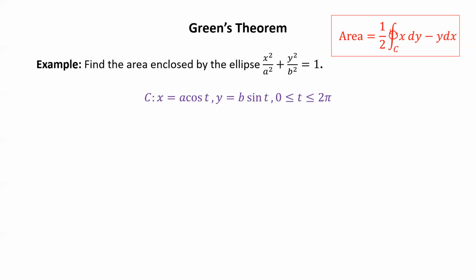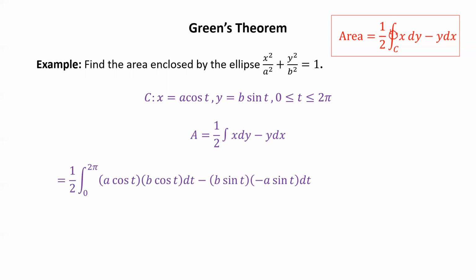Okay, we'll start by parametrizing the ellipse as x equals a cosine t, y equals b sine t. t goes from 0 to 2 pi. So according to our area formula, we have 1/2 the line integral over C of x dy minus y dx. And changing that to a definite integral, we replace x by a cosine t. We replace dy by b cosine t dt. We replace y by b sine t.